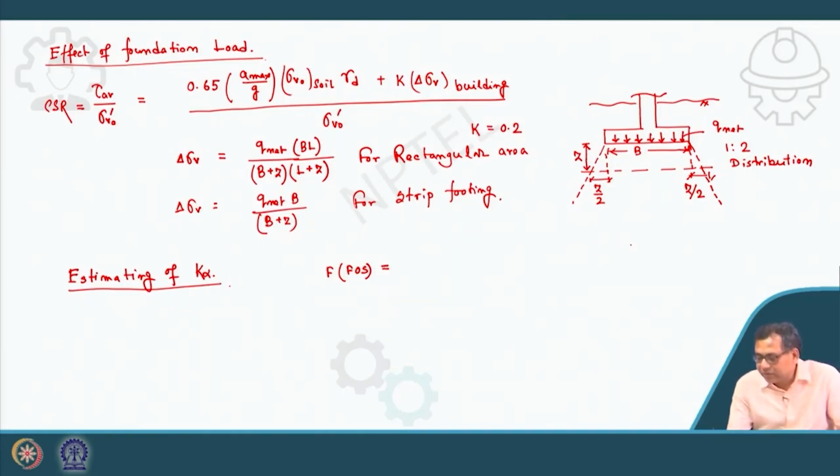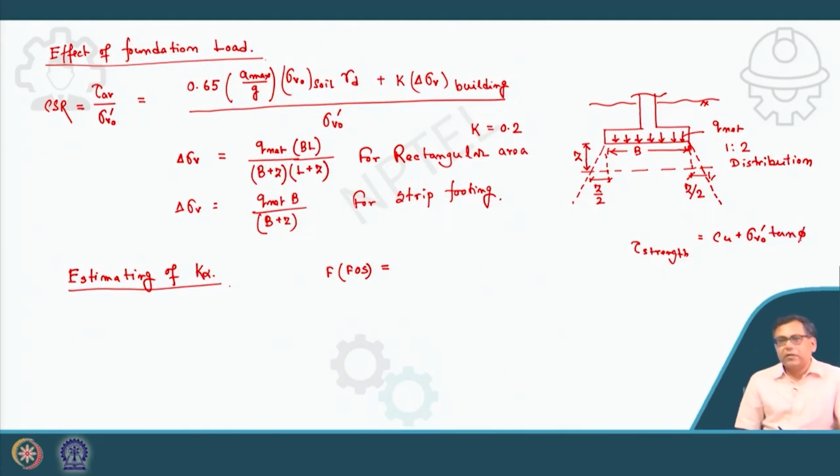So you know that the shear strength expression is Cu plus sigma V dash into tan phi. This is the shear strength expression.